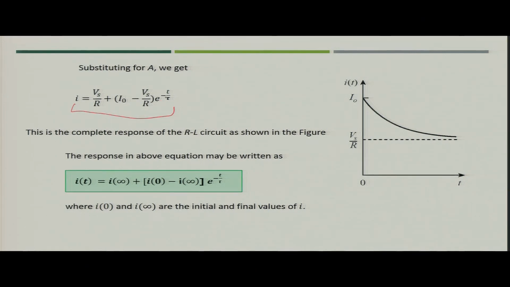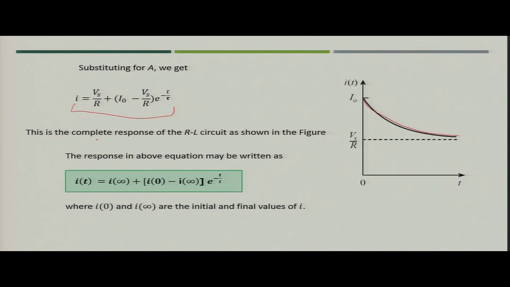So, if you see this figure and suppose Vs by R is less than I naught, the response of the current flowing through the inductor would be as shown in the figure.